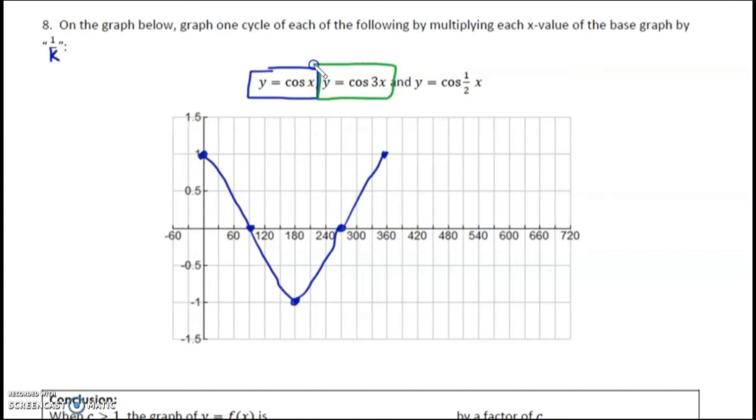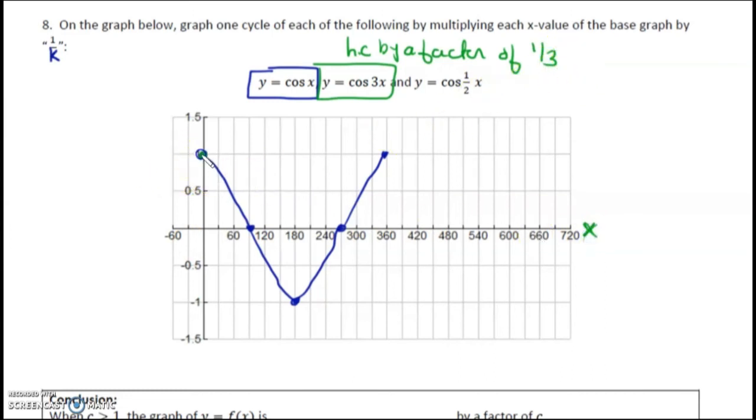Okay, y equals cos 3x. So this is actually a horizontal compression by a factor of 1 over 3. It's the reciprocal of 3, so 1 over 3. We're going to take every single x value, every single number on these values here, and divide it by 3.